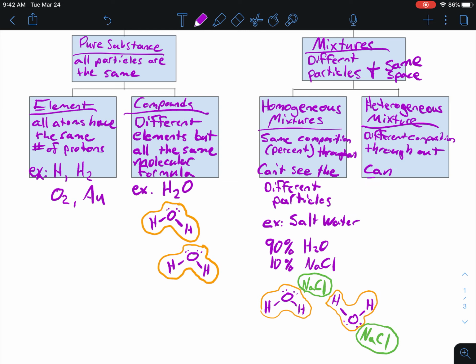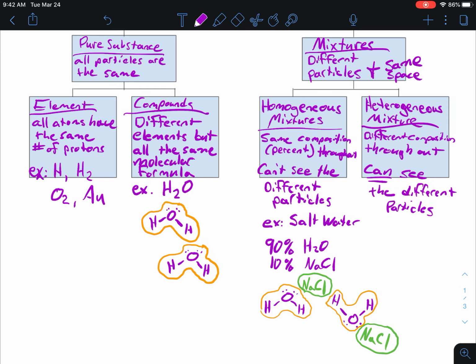You can see the different particles. And you can see them because they're not evenly distributed. They're not the same composition throughout.